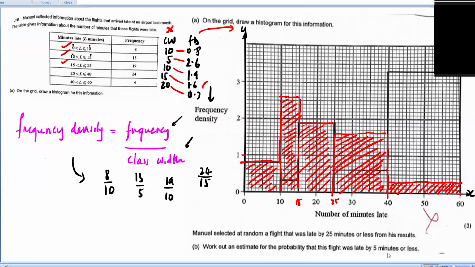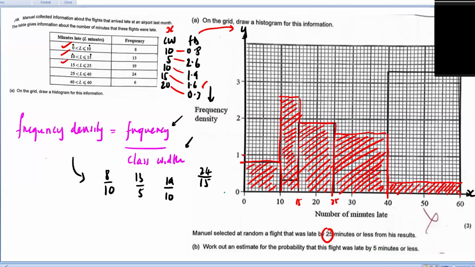So first we have to find out how many were late by 25 minutes or less. Is that making sense? And then we're going to find out what proportion came under 5 minutes.